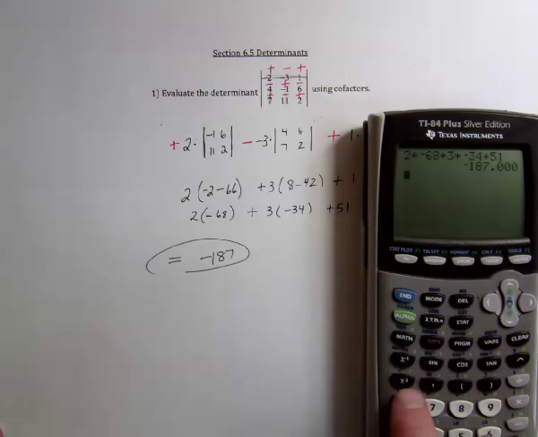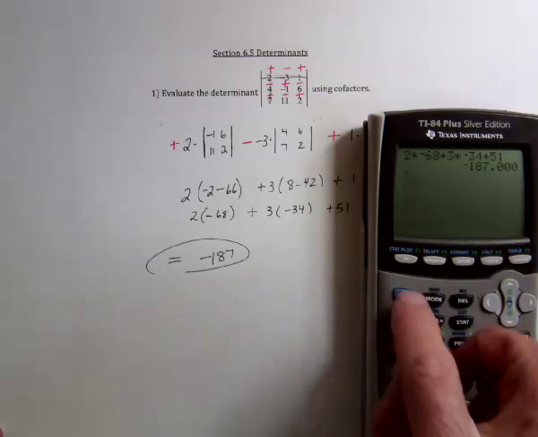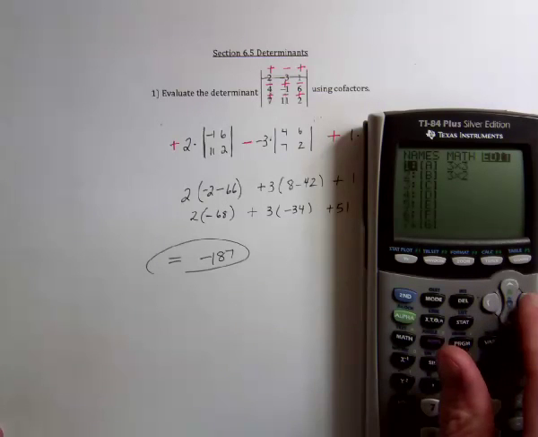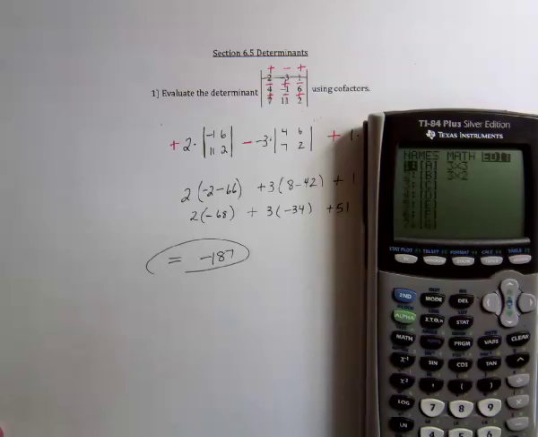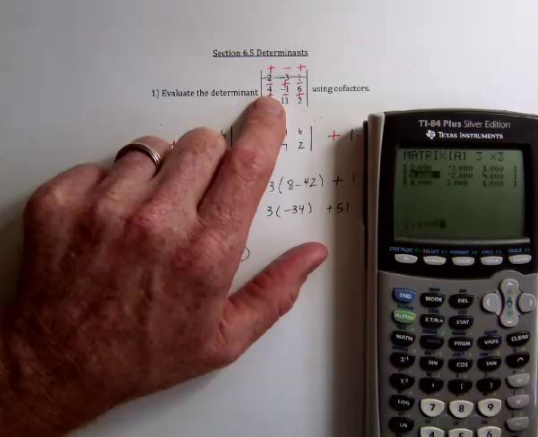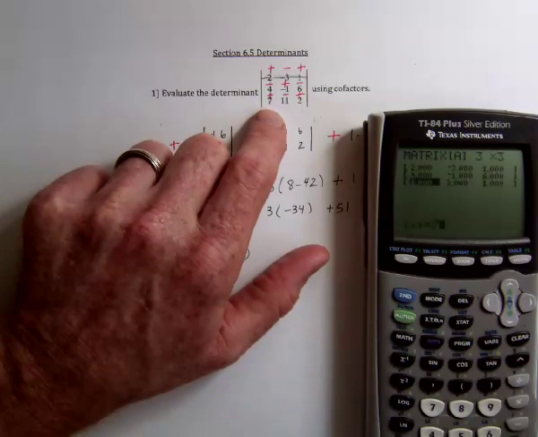And we can use the calculator to check. Under matrix, go to second matrix, move over to edit, choose a matrix like A, that's 3 by 3, and then enter our matrix 2, -3, 1, 4, -1, 6, 7, 11, and 2.